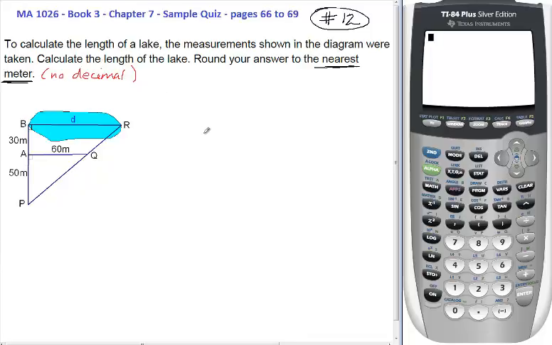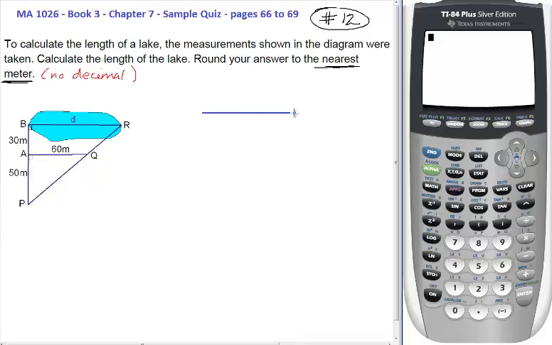Now, again, I see the picture of the lake there, and we call the length of the lake D. And I see triangles overlapping, and when triangles overlap I tend to separate them to see this clearer. So the first thing I'm going to do is sketch these separately.